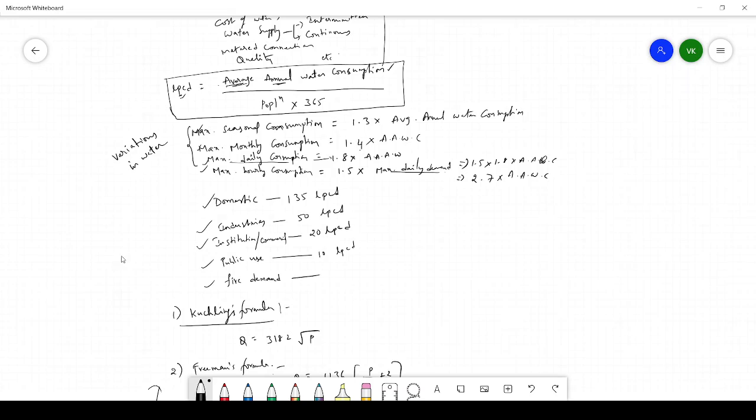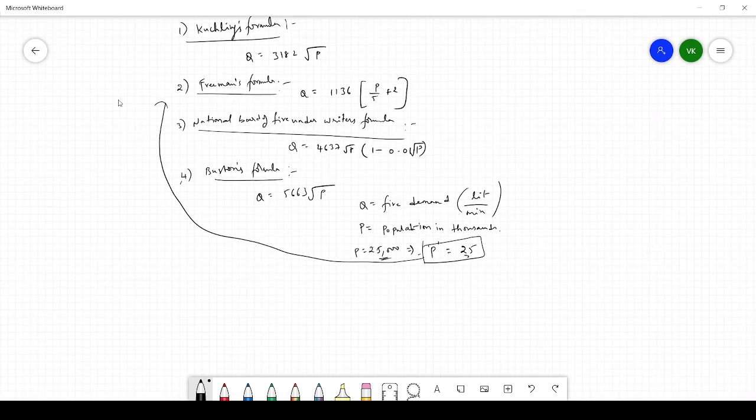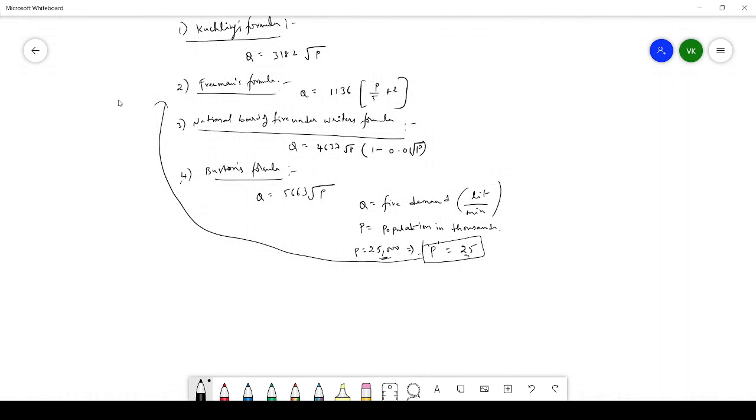In addition to this, you will have some extra provision. You have to supply some extra water, nearly about 15 to 20%, for compensating losses and thefts.